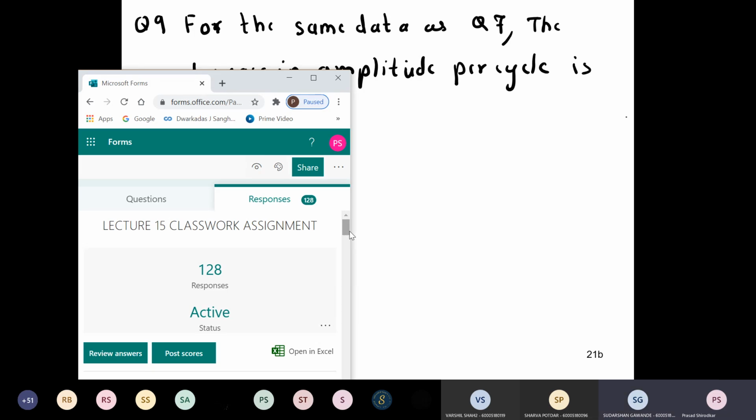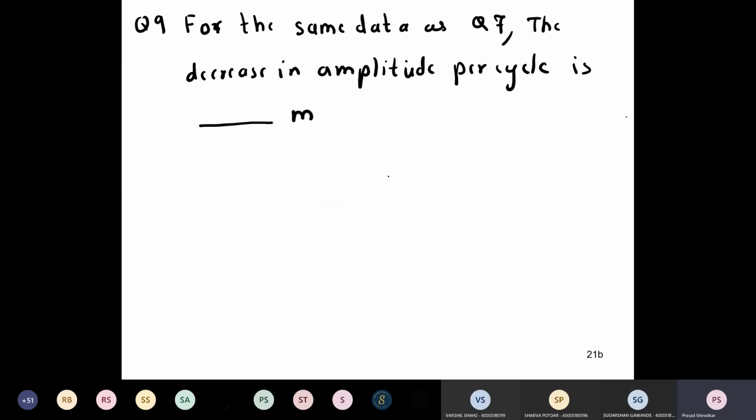Not because of time, but because my PC got hanged at the beginning. Okay. Who is that? Sudarshan Gawande? Yes, sir. All right, I will make a note of that. Submit your answer.